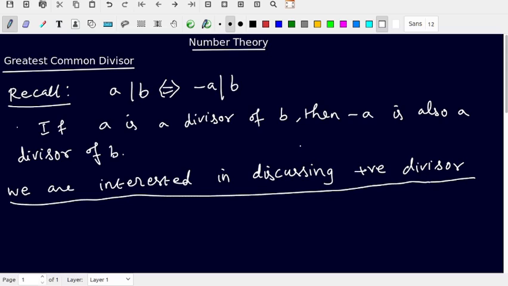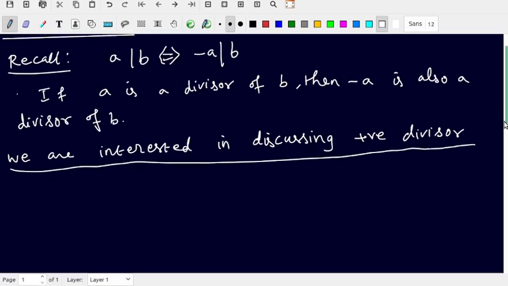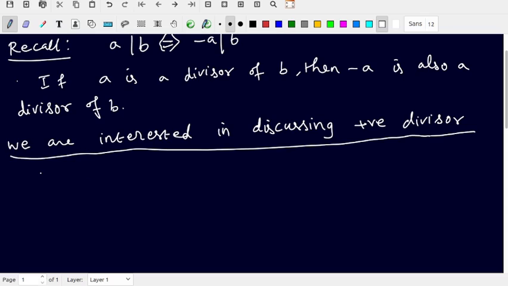So we can ignore discussing negative divisors. Suppose a number has four positive divisors, then since for each positive divisor its negative is also a divisor, totally it will have 8 divisors. So the number of divisors of any non-zero number is even.